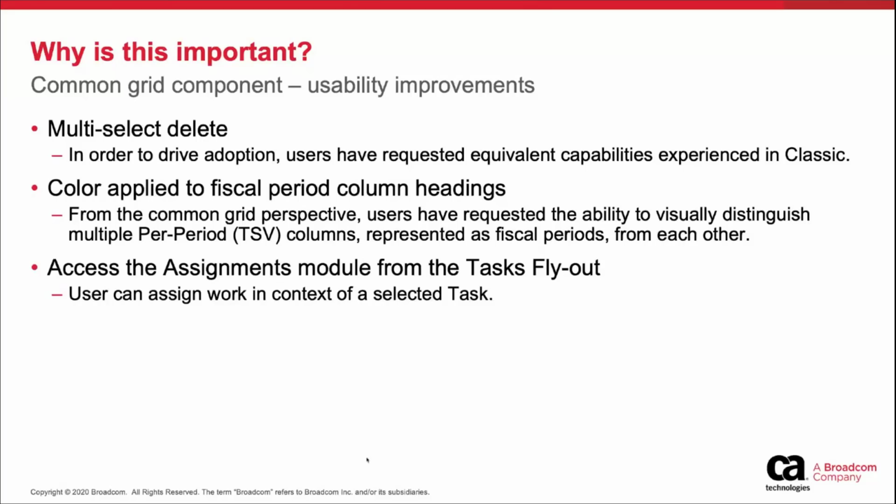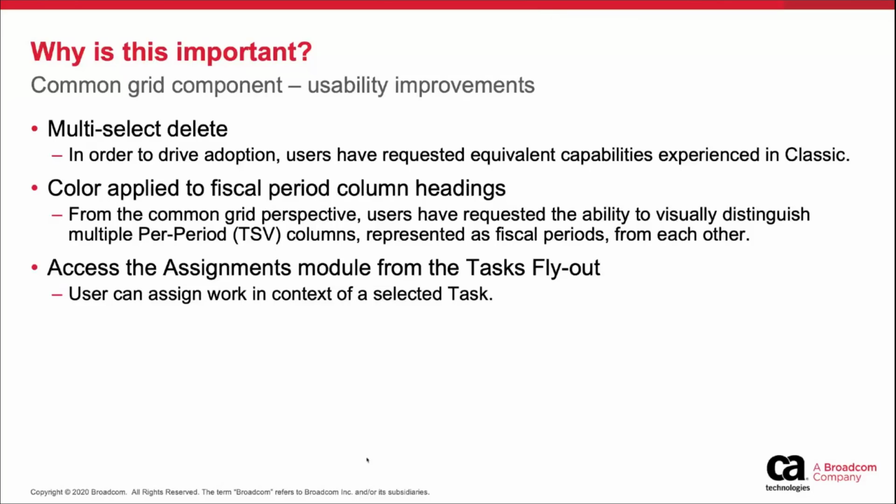If you recall, the financial plans module that's available in the modern UX automatically applies color to help you visually differentiate. So we're talking now here in the financials module and others that include per period or TSV columns now have some color to help you differentiate between the two.